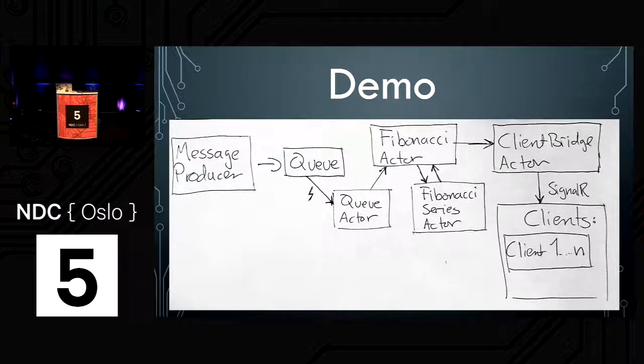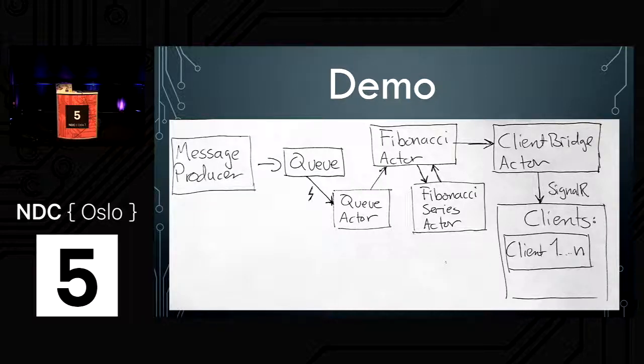It puts them onto a queue, and then an event is raised on the other end to the listener, which is a queue actor. That then receives it and starts publishing messages up to the Fibonacci actor. So that then just gets the numbers -1 to 16, and then it actually has to compute the Fibonacci series for that number.